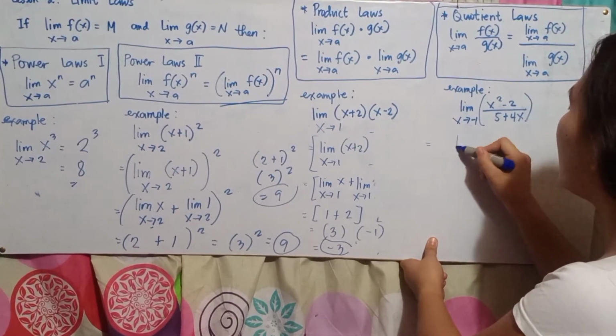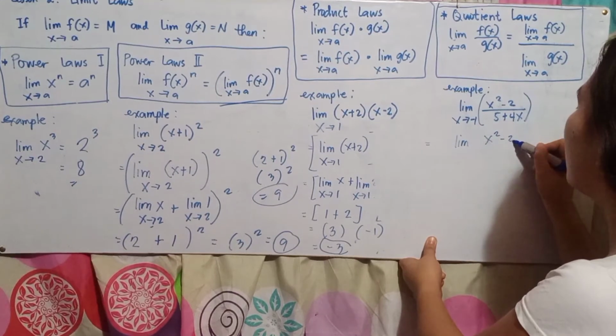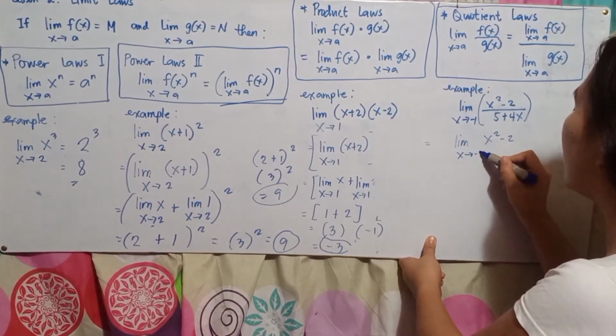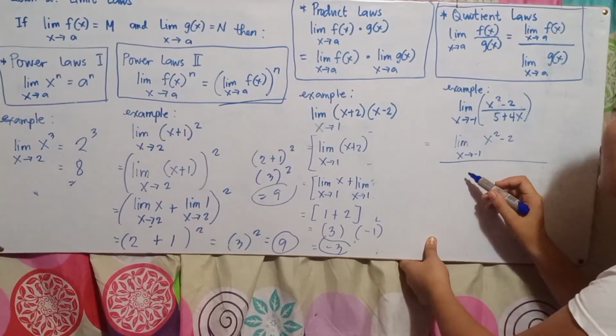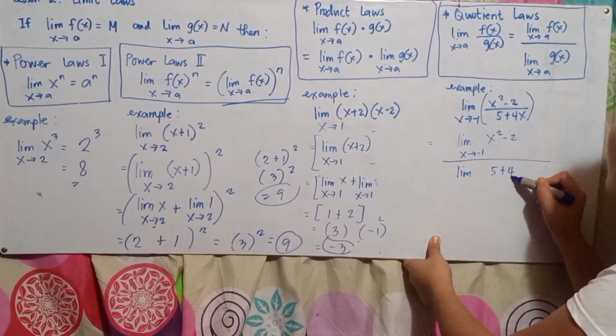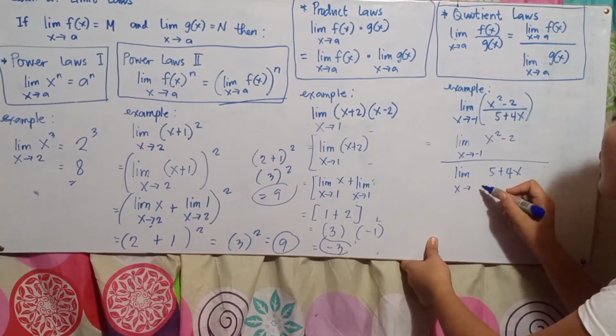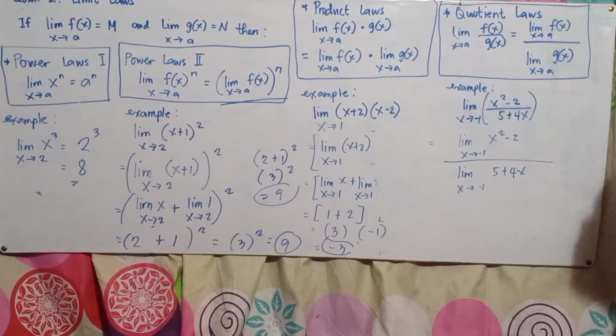So magiging limit of x squared minus 2 as x approaches to negative 1 divided by limit of 5 plus 4x as x approaches to negative 1.